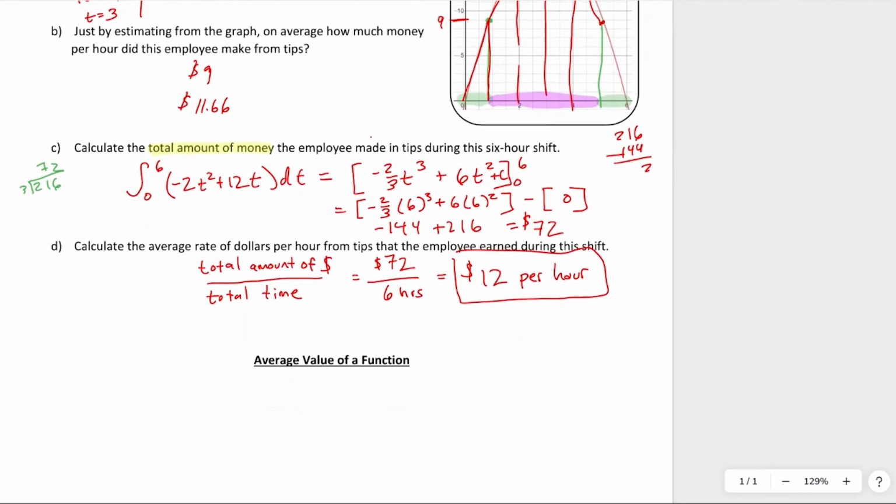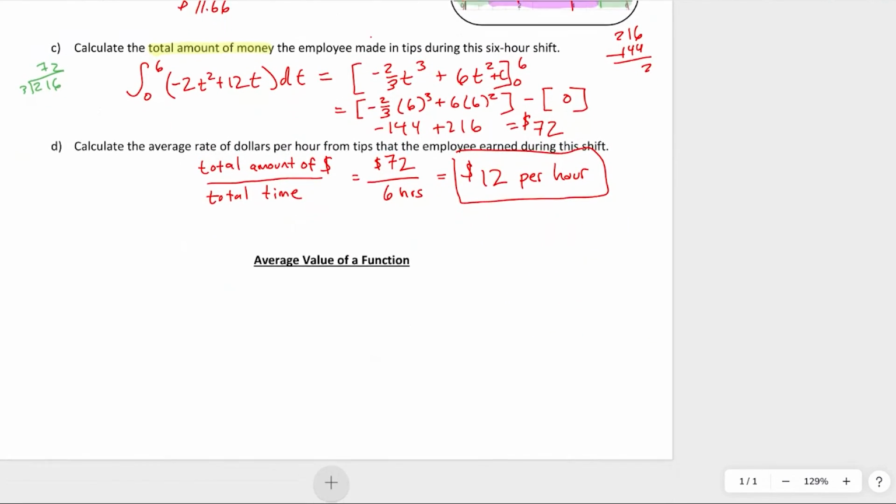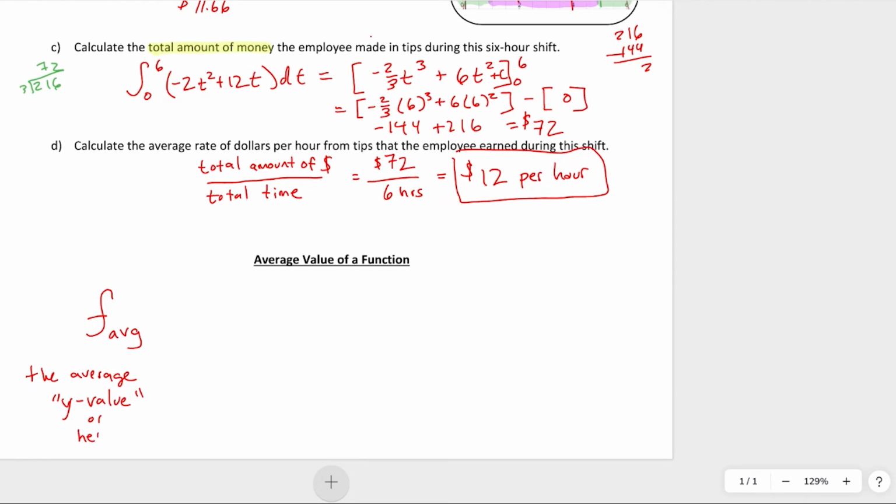Okay, so let's just give ourselves a little formula here, kind of break this down. If we want to find the average value of the function, and by the average value of the function, I'm talking about the y values. Okay, the average y value. Or like the average height of the function.